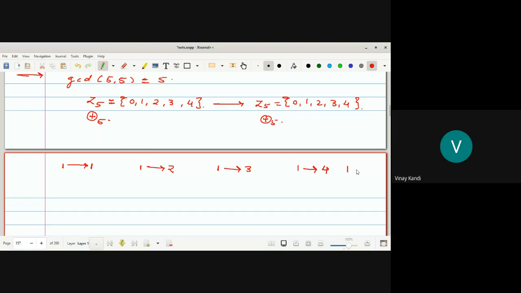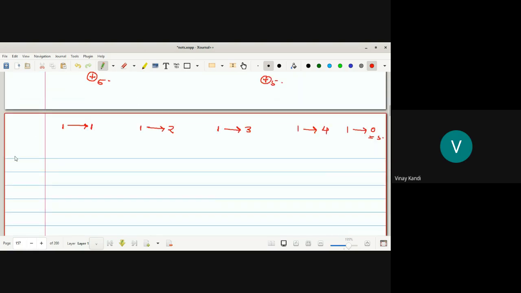And the last one is 1 maps to 5. 5 means here 1 maps to 0, which is equal to 5. So f of 1 is equal to 1, 2, 3, 4, and f of 1 is equal to 5, that means 0.